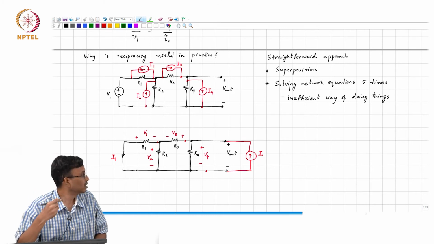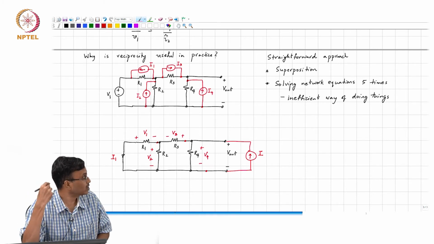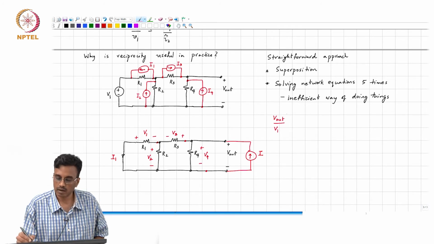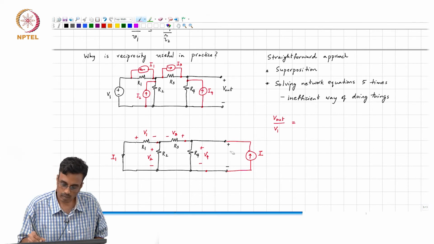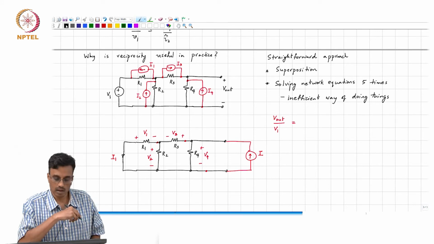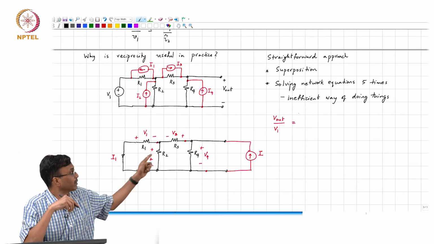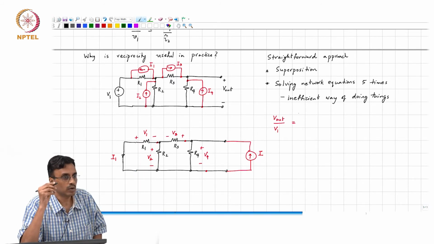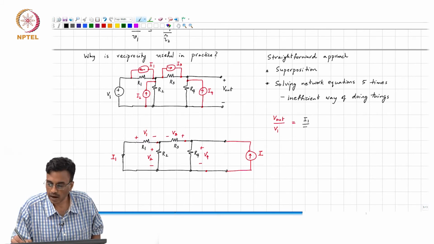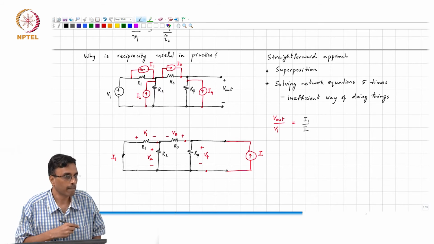What conclusion can you draw regarding the transfer function from V out by V1 in this network? It must be the same as, yes people, V1 by V out, or V out by V1 in the network above is the same as I1 by I in the network below. Okay.